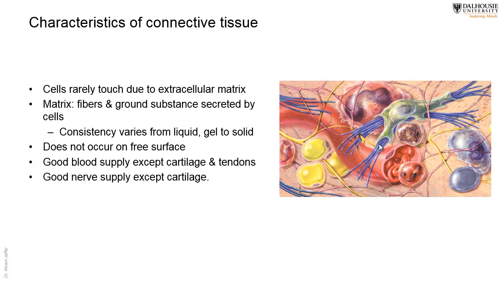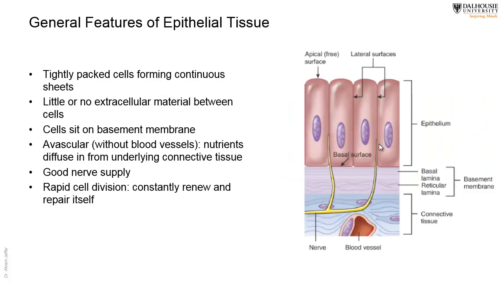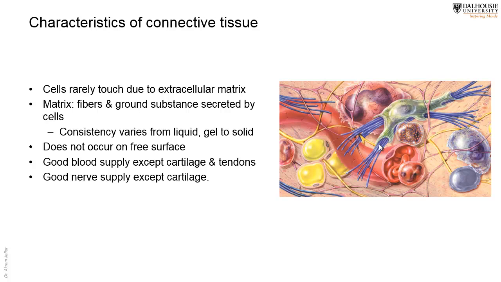I would like to remind you that in the epithelial tissue, you will find that the cells are tightly packed, and there is little, sometimes no, interstitial tissue in between the cells. This is in contrast with the connective tissue, where the cells are widely separated, and they rarely are connected or touch each other because of the presence of large amounts of extracellular matrix.